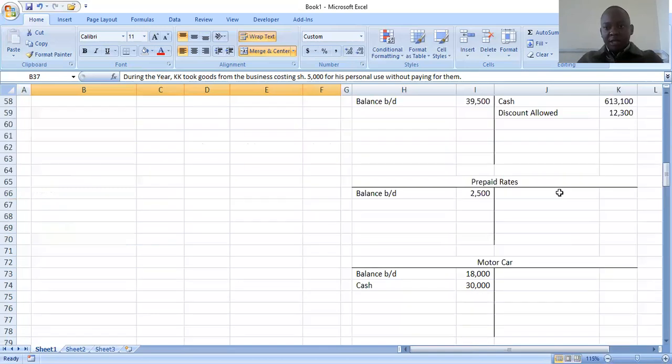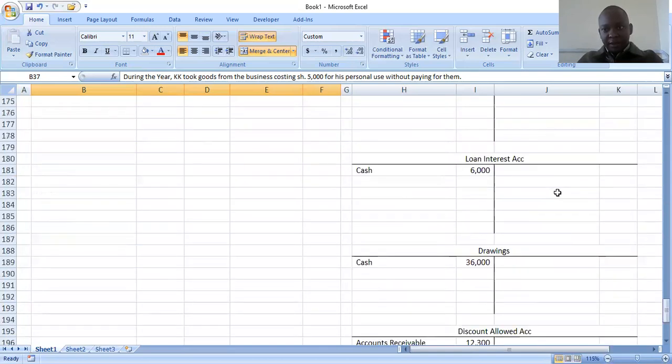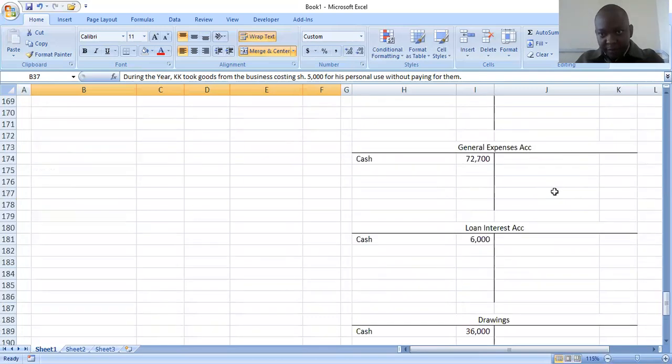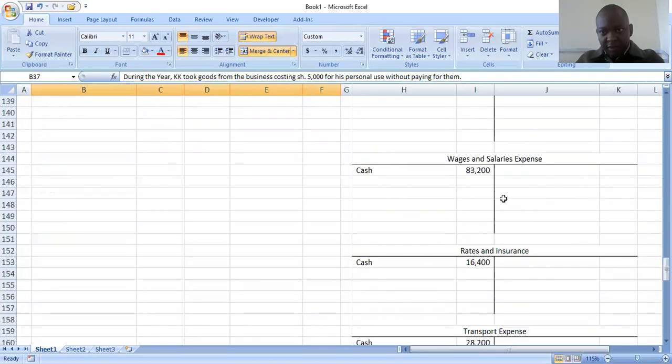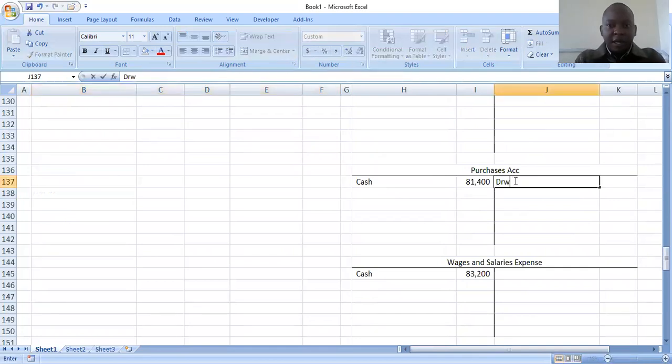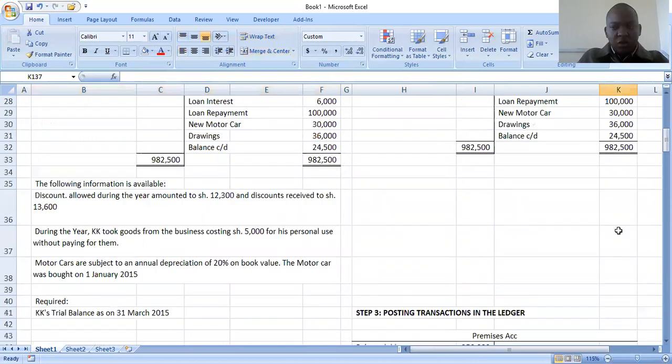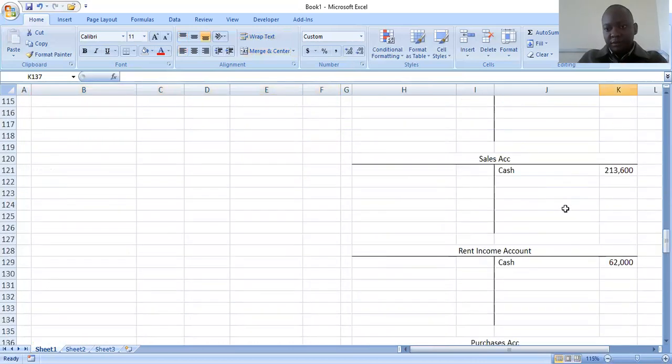So here we have our purchases account. We credit purchases by drawings of 5,000 shillings.